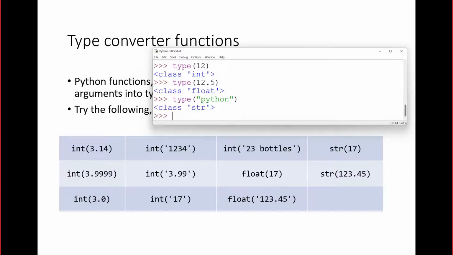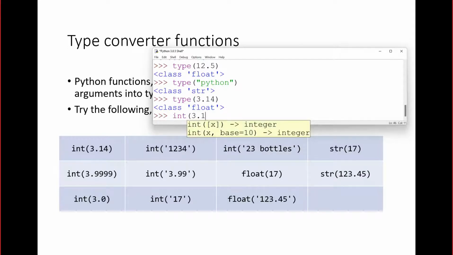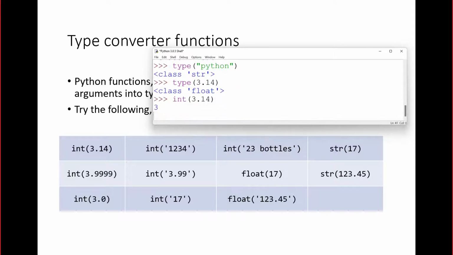Now, for example, when you say 3.14, it's a floating point number, which you already know because you have a decimal point. But if you say int 3.14, it will give you only the integer part of it. It could even be something like this, it doesn't matter, but it still gives you 3 because there's no rounding off, only the integer part.